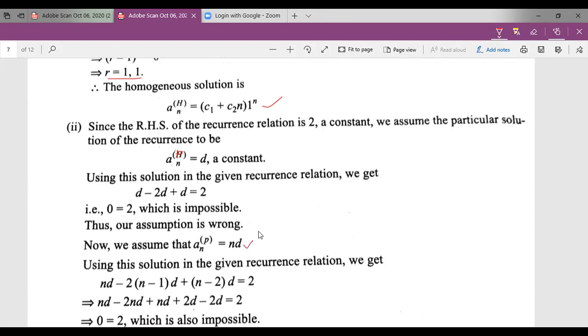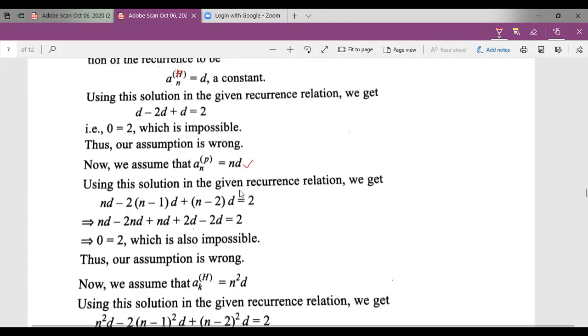Using this solution in the given recurrence relation, we substitute in place of a_n, nD, n minus 1 into D, n minus 2 into D is equal to 2. We solve this equation, which is also LHS not equal to RHS, which is also impossible. So our assumption is wrong.